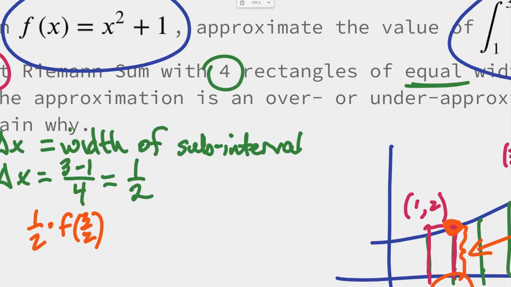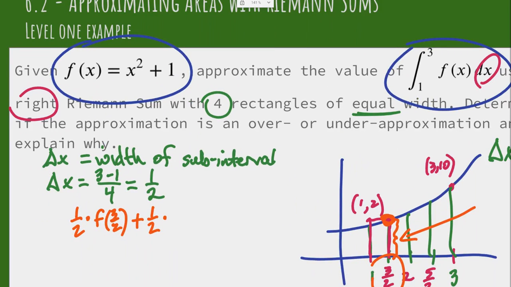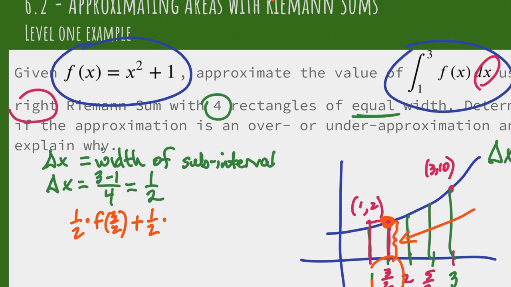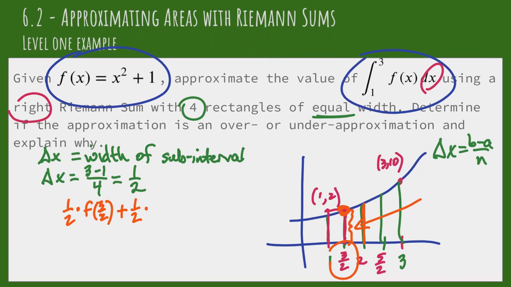Then the second rectangle. Since we're using 4 rectangles, we're going to have 4 of these. The second rectangle has the same width, which is 1/2, and then the height, sorry, I zoomed in so you can't see the picture there, is the value of the function at this point, so that's going to be f of 2.